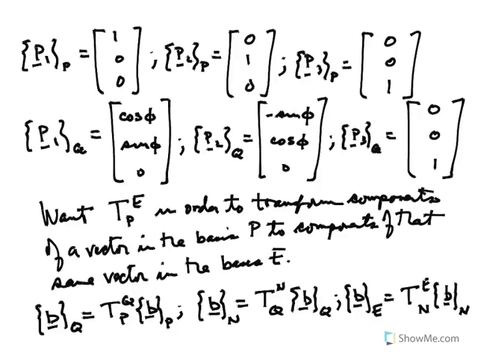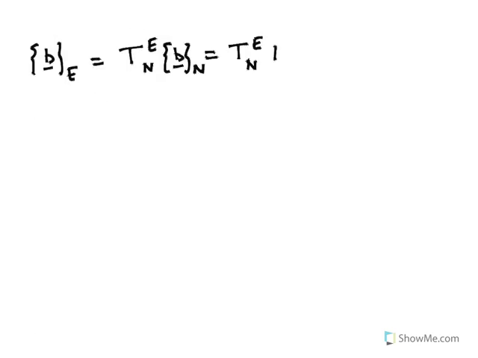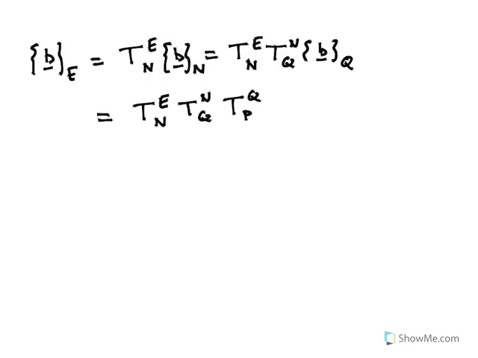So we know that B expressed in E is equal to the transformation from N to E times B expressed in N, which is equal to the transformation from N to E times the transformation from Q to N times B expressed in Q, which is equal to the transformation from N to E times the transformation from Q to N times the transformation from P to Q times B expressed in P.